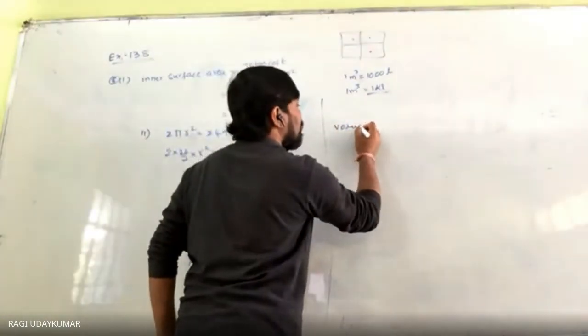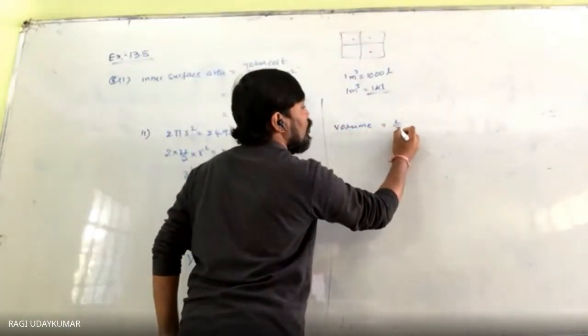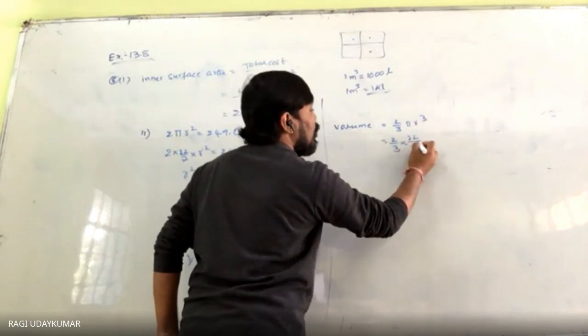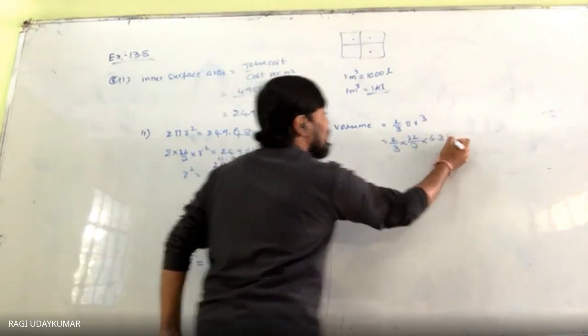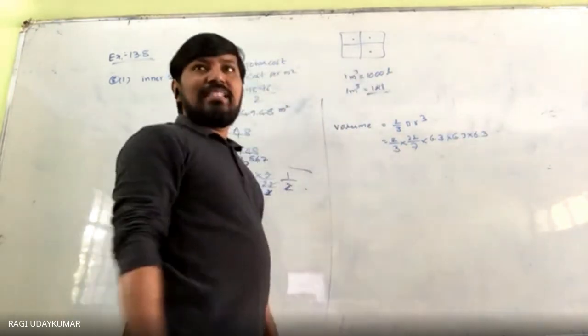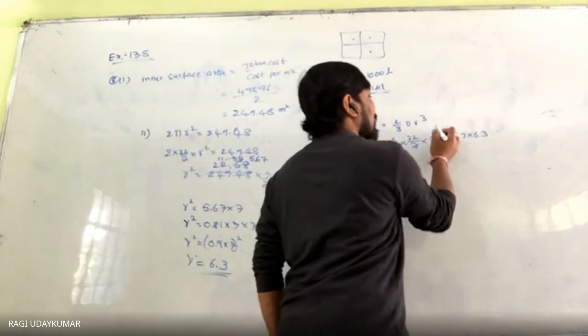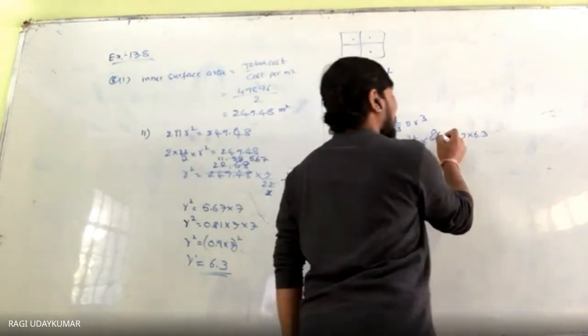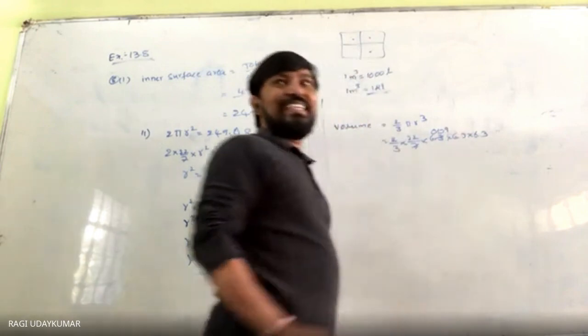So volume is equal to 2 by 3 pi r cube. 2 by 3 pi value 22 by 7, 6.3 into 6.3 into 6.3. 7 9s are 63. Again 0.9, 0.09.